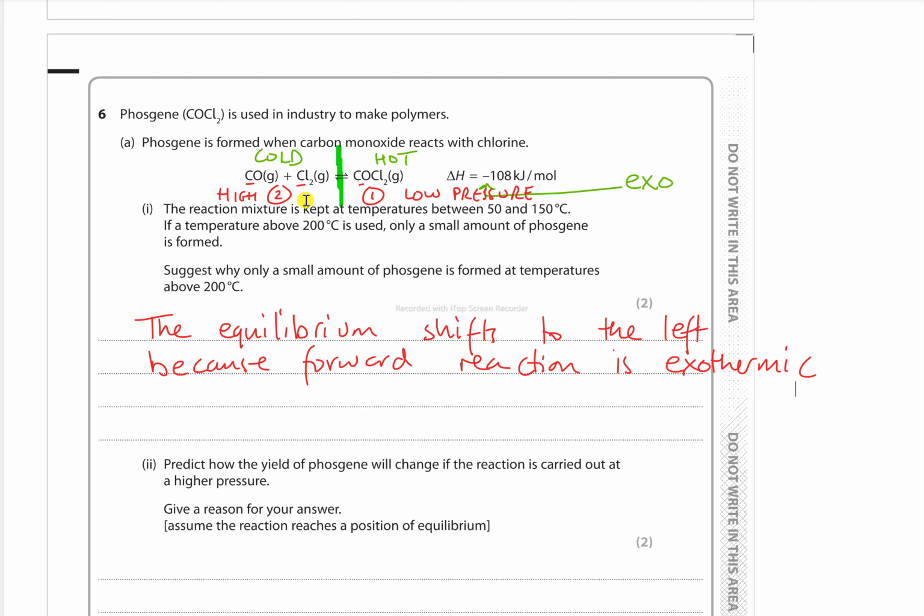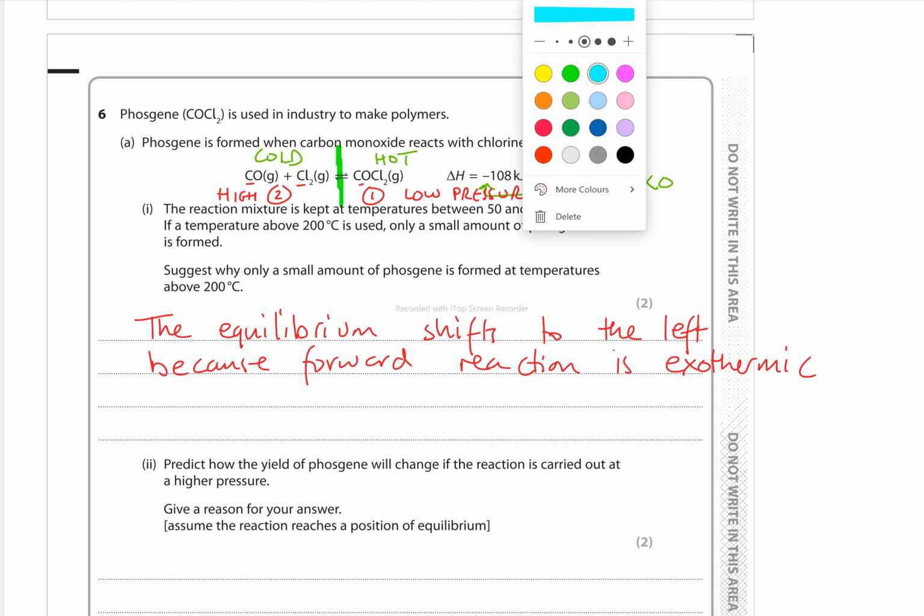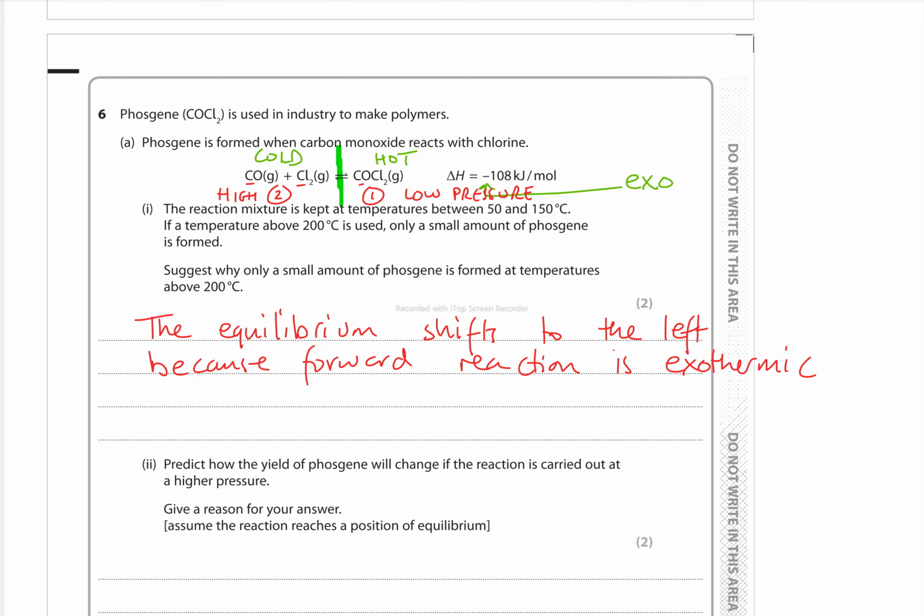Higher pressure. So if you have high pressure, the system wants to go to the low pressure. Let me get this right. Yield, right, because it's asking for yield. At higher pressure, the system wants to go to the low pressure side, which is forward.